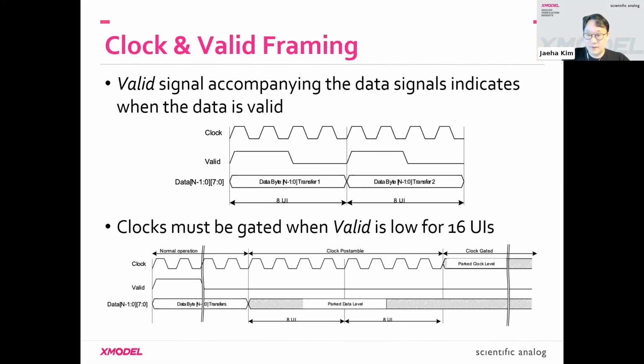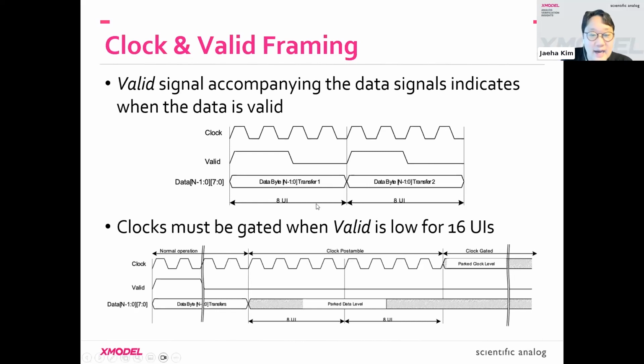So when the frame starts, the clock starts to toggle, and the valid will also toggle, but at a lower rate to indicate that the frame is now valid. You have started the transmission of the frame, and the data transmitted during that period is valid. So take this as data, and if the valid is not toggling, then it's invalid, so they don't take it.